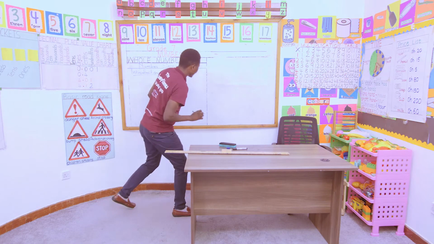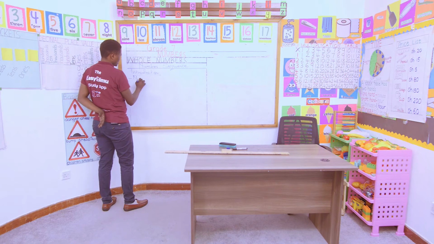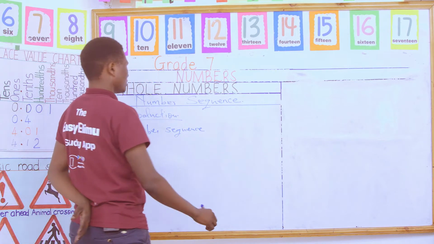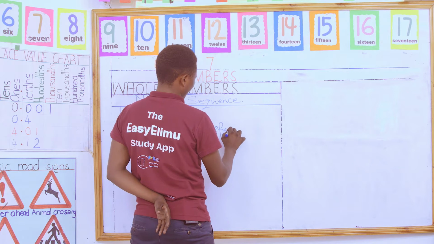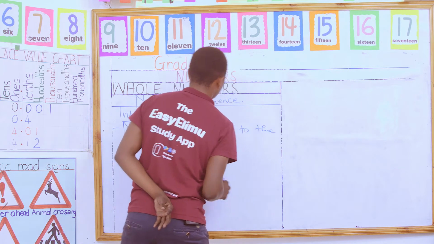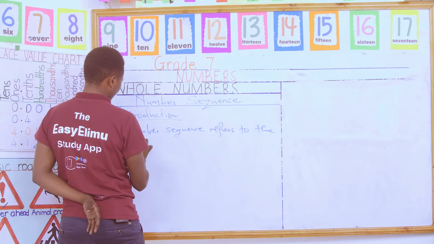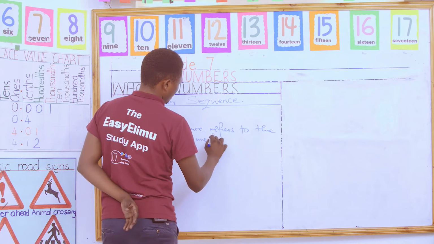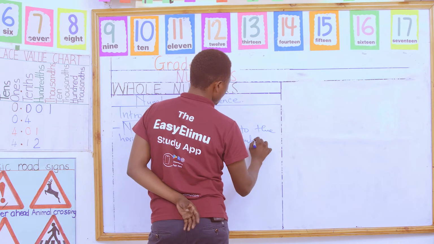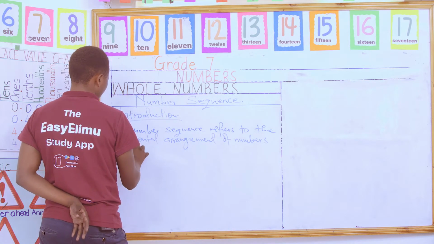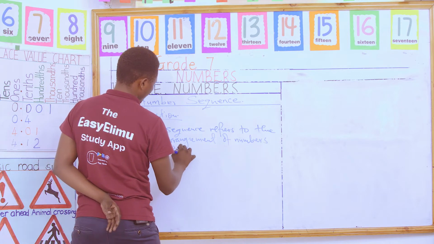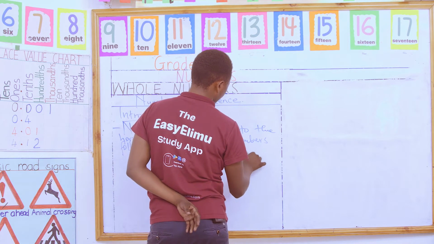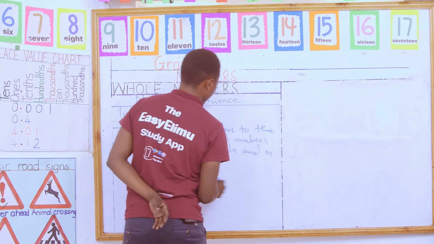So to save on time, we can say number sequence simply refers to the horizontal arrangement of numbers following a particular rule and or pattern.